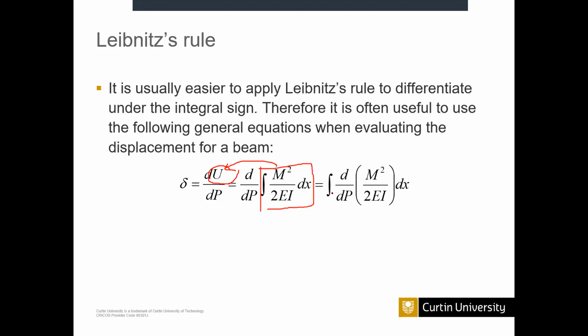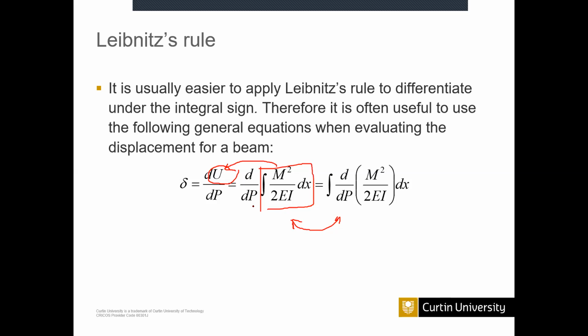This is a mathematics rule, so you can set these two equal. That means after integration you can do the differentiation, or else you can differentiate and then integrate. You will get the same answer.